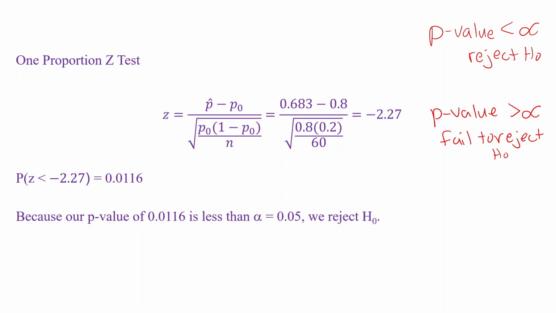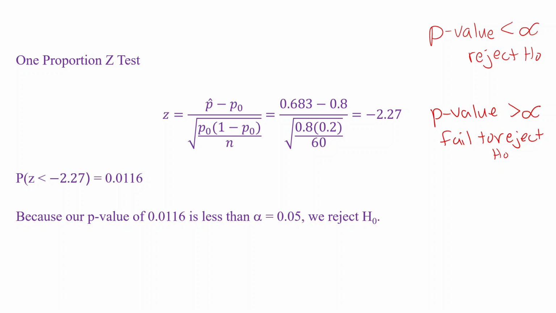That would be very unfortunate if you were given a problem that was equal to alpha. It'll never be equal to alpha in the problems that you see in AP Statistics. It will always be less than or greater than. I guess if it was equal to alpha, you would just have kind of an inconclusive result, which wouldn't be super satisfying. So your p-value would either be less than alpha or greater than alpha. Because it's less than alpha, in this situation, we reject the null hypothesis.